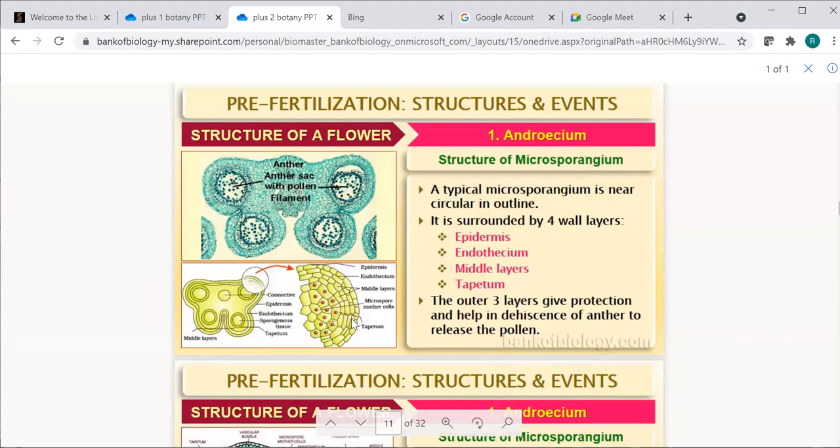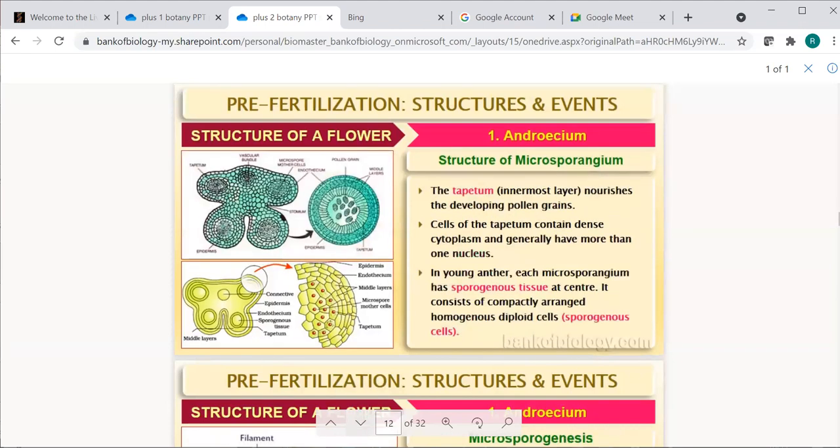So these 4 layers cover the microsporangia. Tapetum is the innermost layer which gives food to the developing pollen grains.